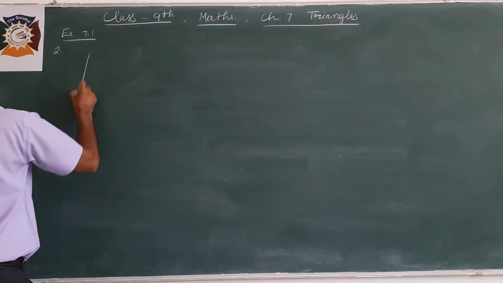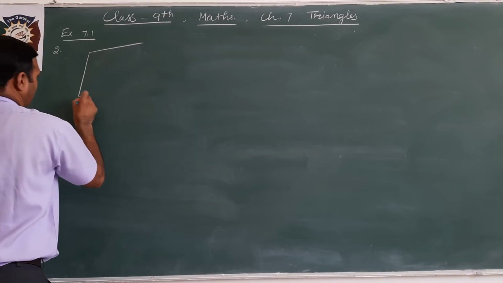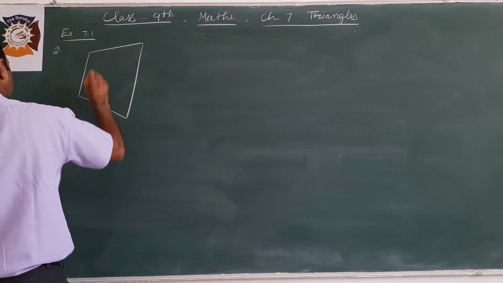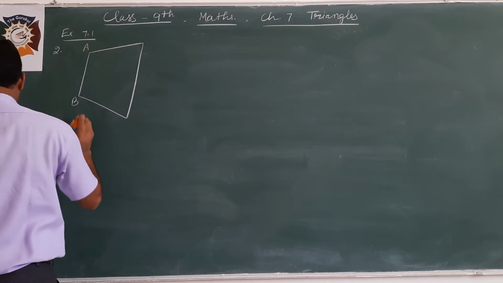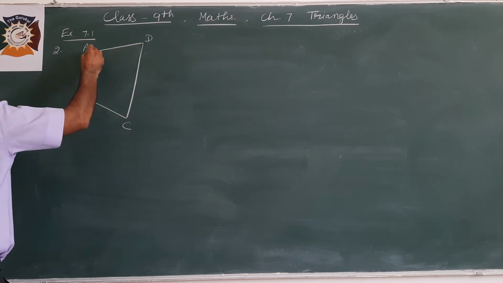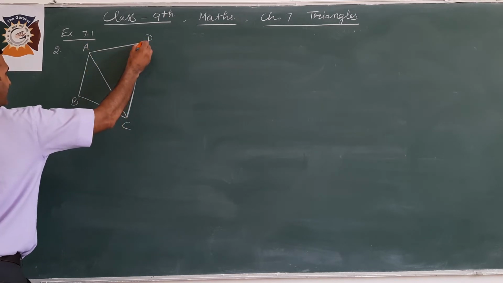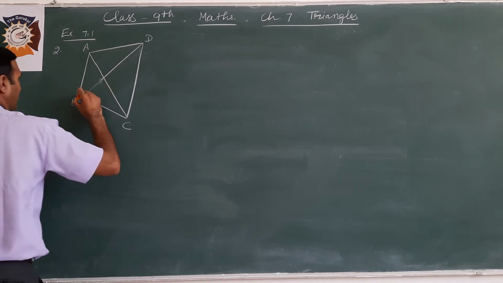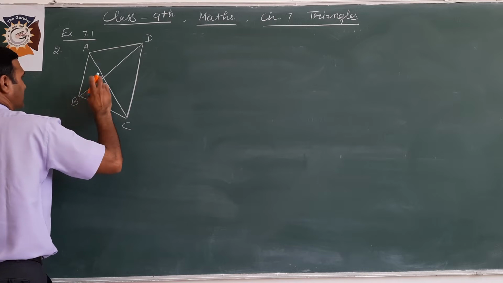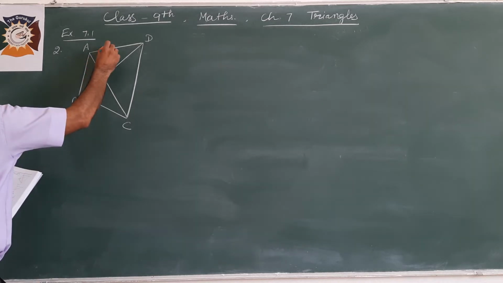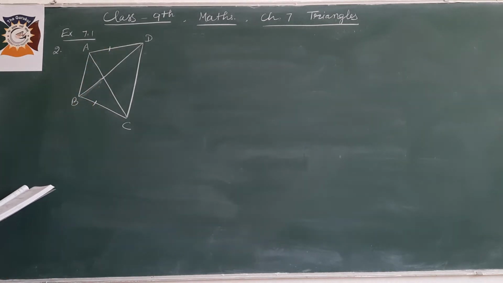A quadrilateral like this is given: A, B, C, and this is D. AC and BD are the diagonals and are joined. AD is equal to BC, it's given.